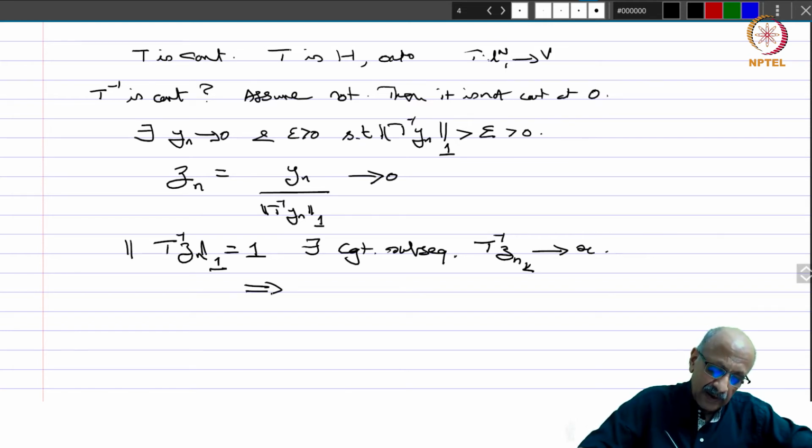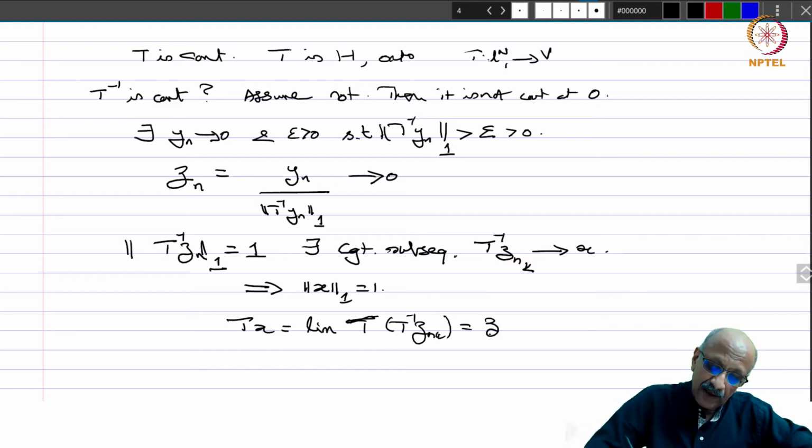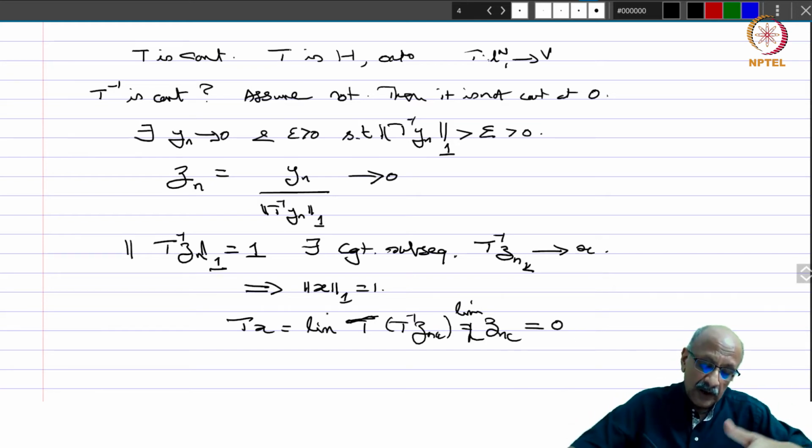Then this implies that norm x is equal to 1. But what about Tx? Tx is the limit of T of T inverse znk, which is znk, the limit of znk, and that is 0. So Tx equal to 0 and norm x equal to 1, which is impossible since T is 1-1. Therefore contradiction.